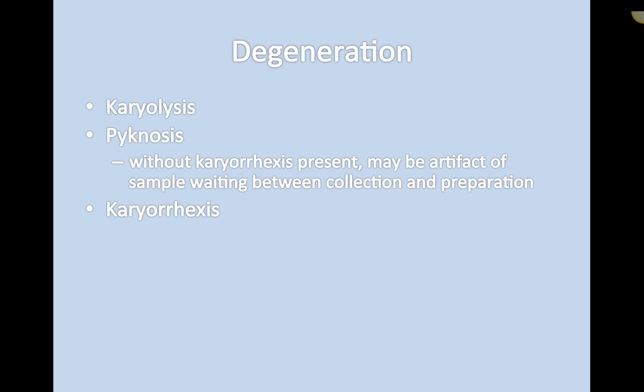It's essentially when the nucleus of the neutrophil is starting to stretch out, starting to thin out, starting to lose its shape and size in general. The cell itself can actually become swollen. And essentially, in end-stage karyolysis, that little nucleus is going to stick itself to the side of the cytoplasm and eventually be disintegrated.